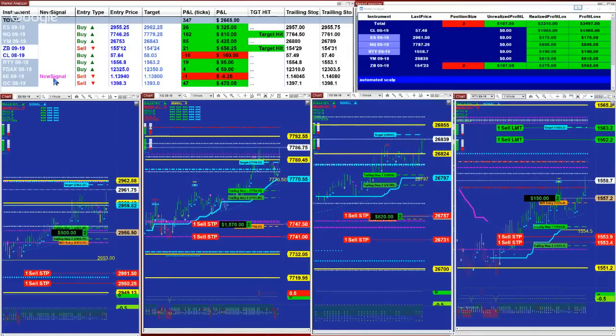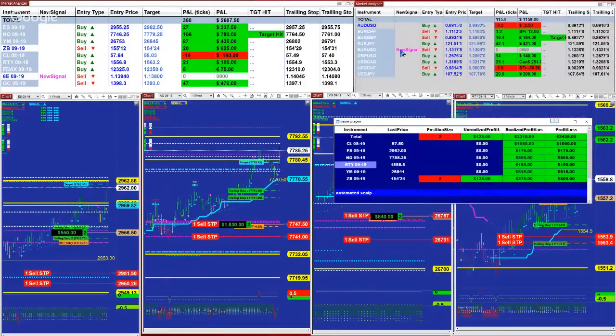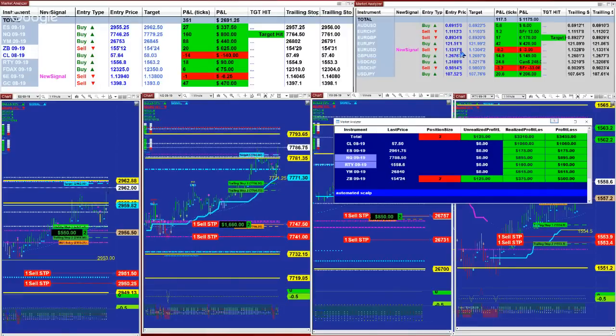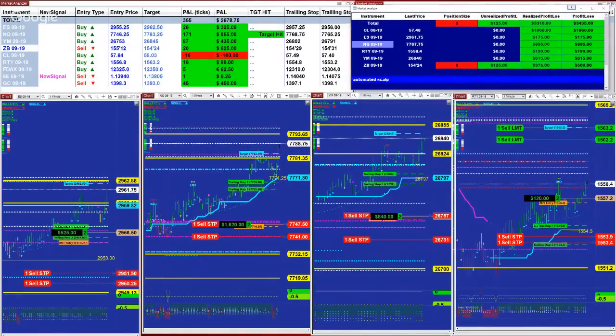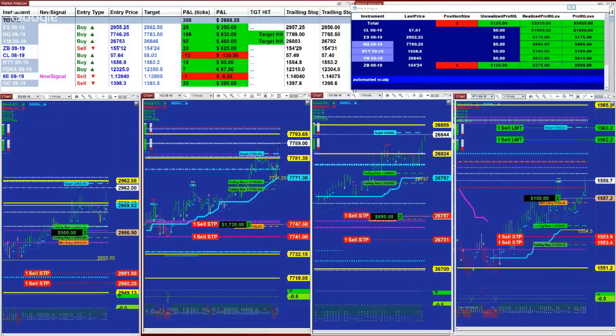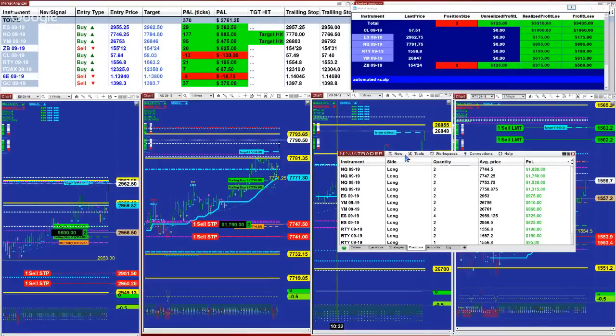There's a new signal on the future and probably on the forex euro dollar. The future and the euro dollar is a sell position at 3178. On the swing trading, I'm going to bring all the charts together.